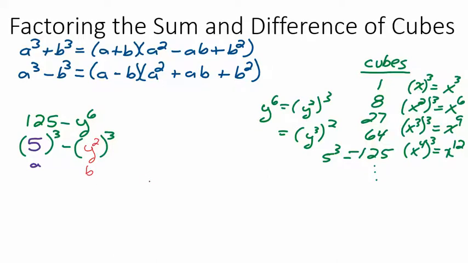Okay? So now all you've got to do is go up to this formula here, and wherever you see an a, you're going to put a 5. And wherever you see a b, you're going to put a y to the 2nd. Okay? Let's do it. I'll do it on this line here. So a minus b, so that's 5 minus b, which is y squared, times, I think I'm going to need a little more room over here, so let's get rid of this.